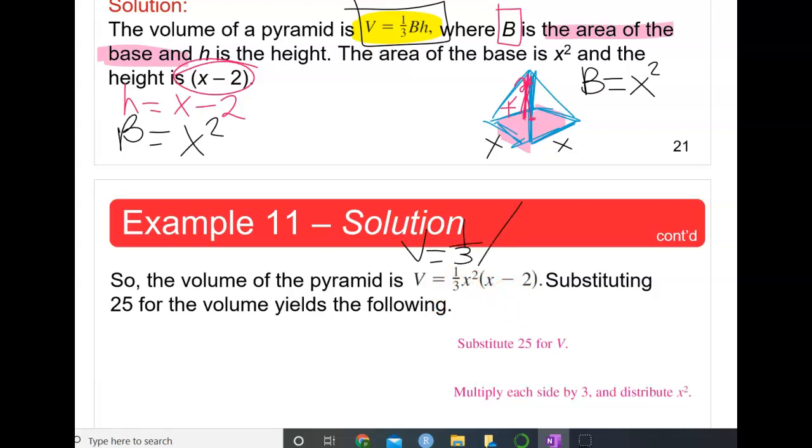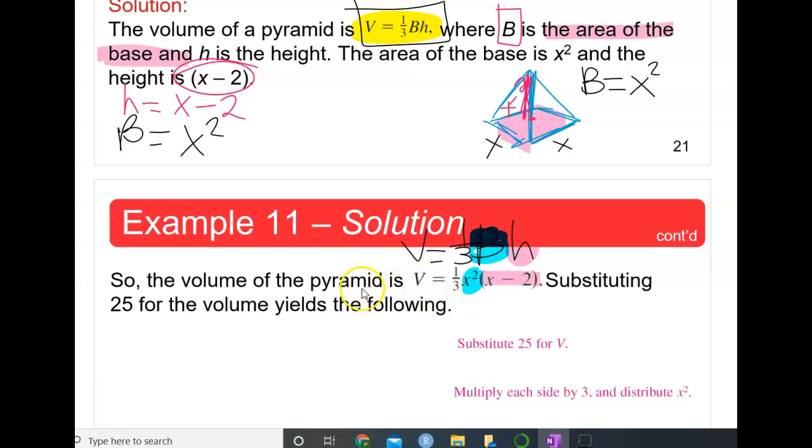Actually, I'll just write the formula here. And then times the height. So again, we have the height, here the x minus 2, and the area of the base is x squared. And the 1/3 is part of the formula.